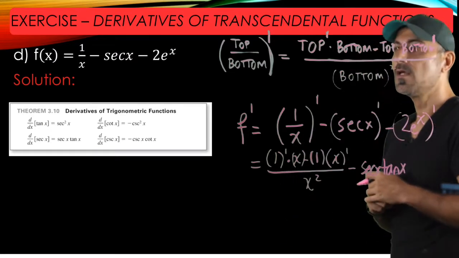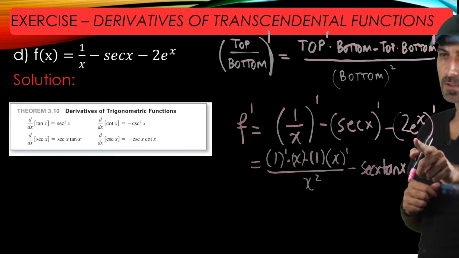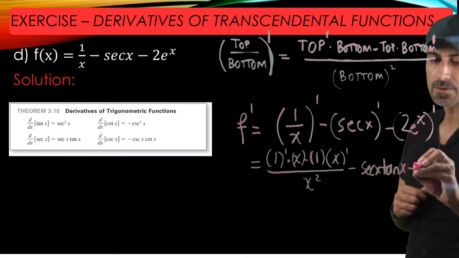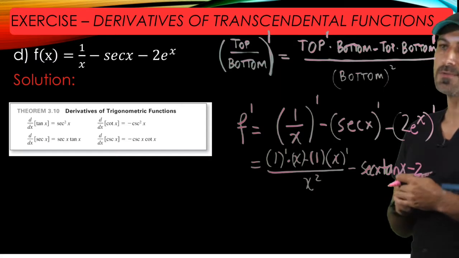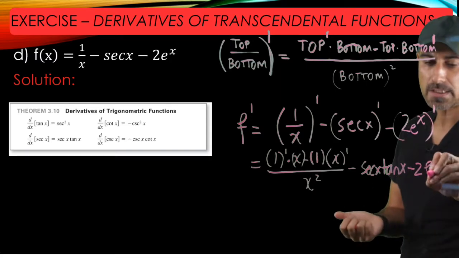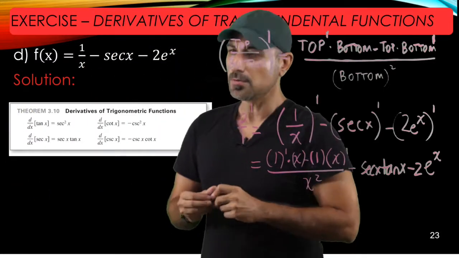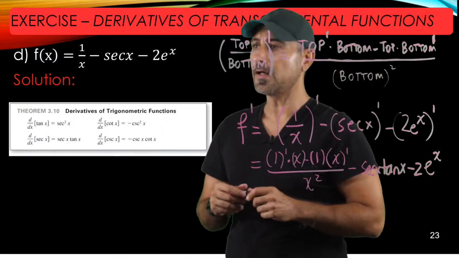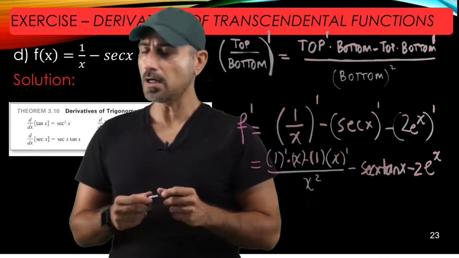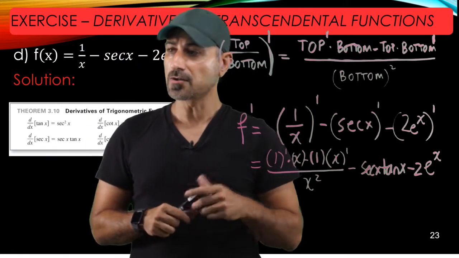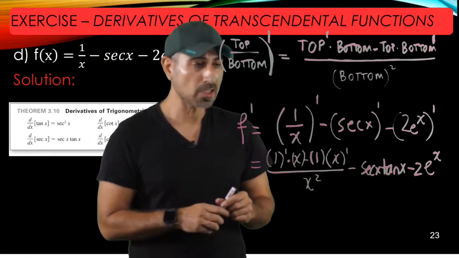Okay. And for the derivative of the exponential function, we have a constant multiple in front, we keep that, minus 2 times the derivative of e to the x, which is in fact e to the x. All of these rules are in fact listed in the formula card, which is called the derivatives of basic functions. So you can also use that formula card along the way.